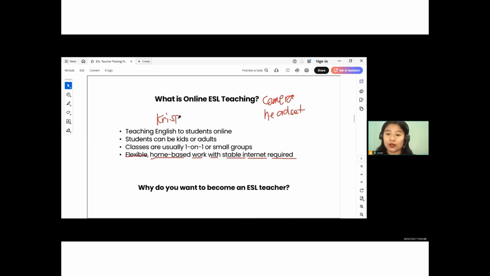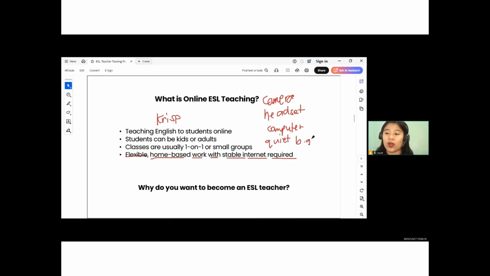You can download Crisp online, or you can buy it from Shopee or from teachers who are selling them online. And you also need to have your computer. Okay. The specifications of the computer depend on the company you are applying for. So you have to have a computer, and also you need to have a quiet background, of course.